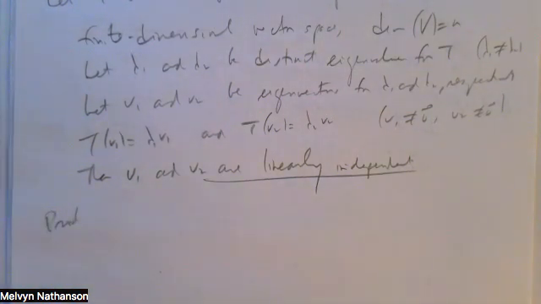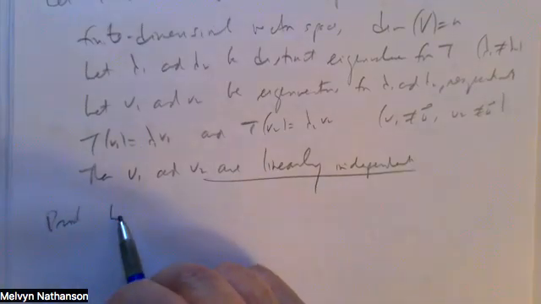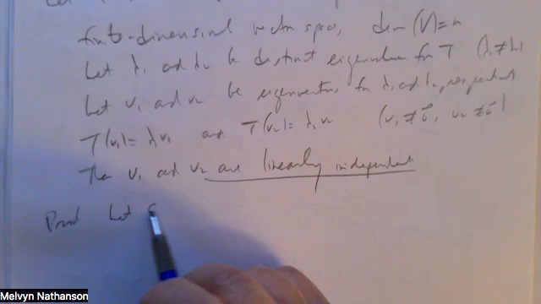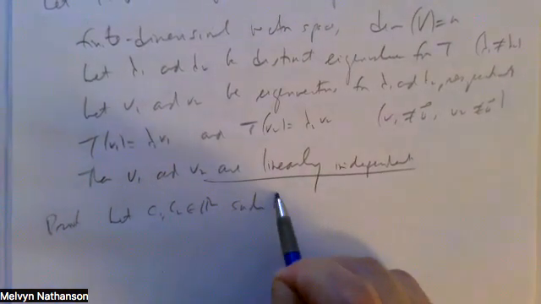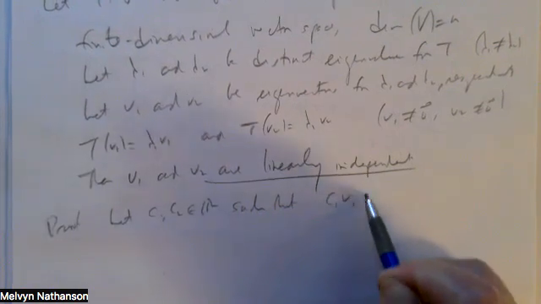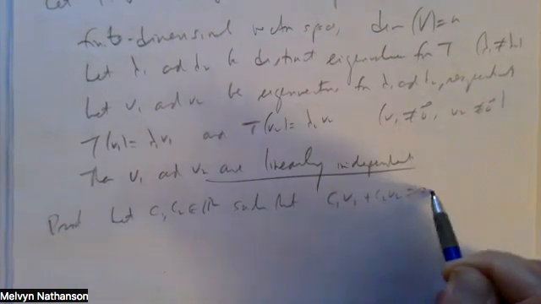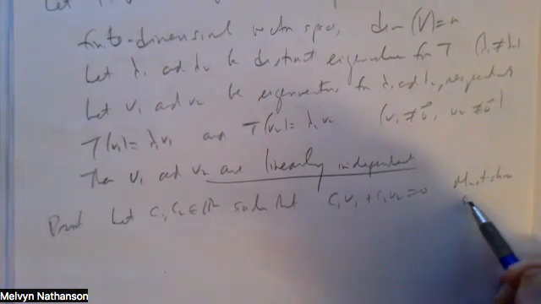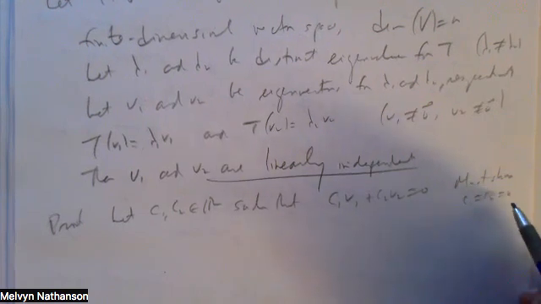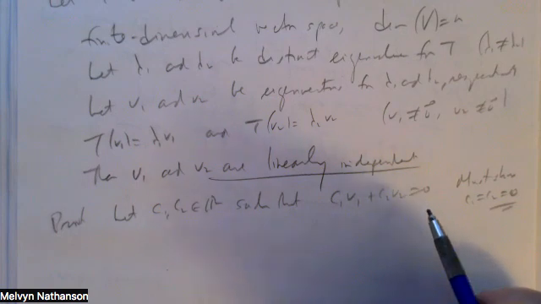Well, let's see. Suppose we have scalars C1, C2 such that C1 V1 plus C2 V2 is 0. We must show C1 and C2 are in fact both equal to 0. That's what it means to be linearly independent.